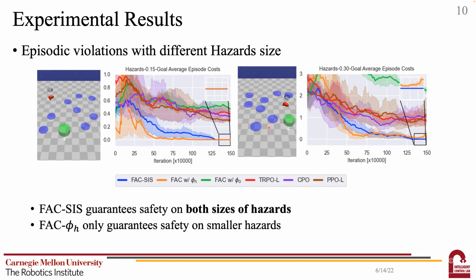For the larger hazards case, there still exist constraint violations even after convergence, which means that we actually learn feasible safety certificates and solidly safe control policies. As for the other baseline algorithms, they have difficulties achieving zero constraint violations.